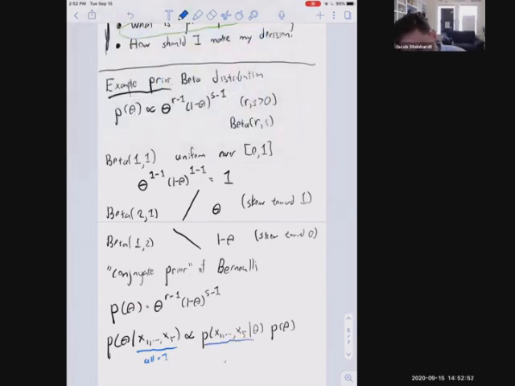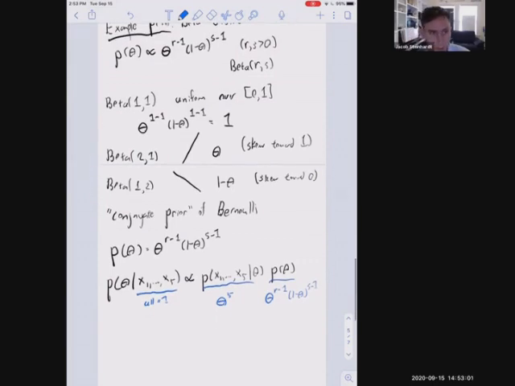This likelihood is theta to the 5th, and the prior is the beta. So this comes out to theta to the r plus 5 minus 1, 1 minus theta to the s minus 1, which is equal to beta of r plus 5 comma s. The reason it's nice to have this beta distribution is because everything stays as a beta distribution. We still need to understand how beta distributions behave, but that's why you might want this.